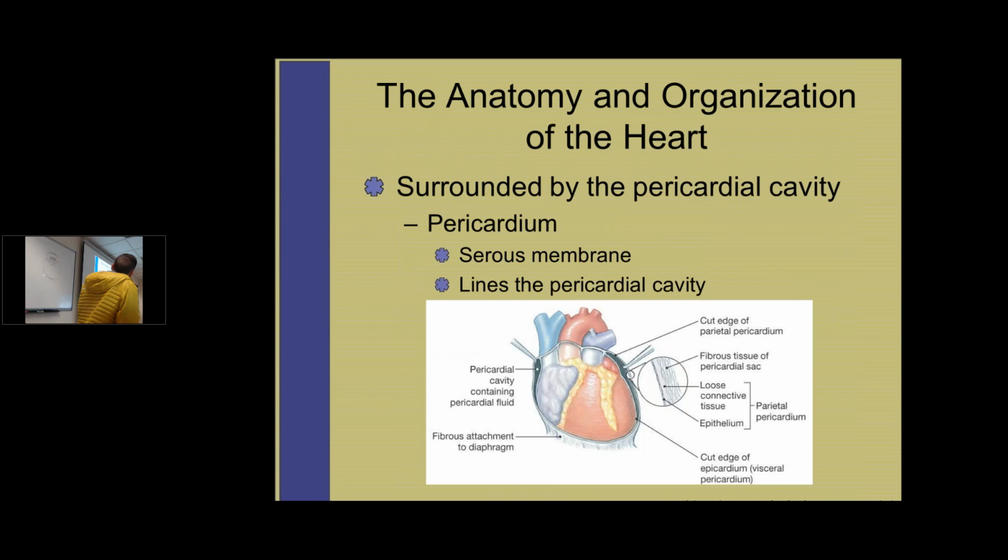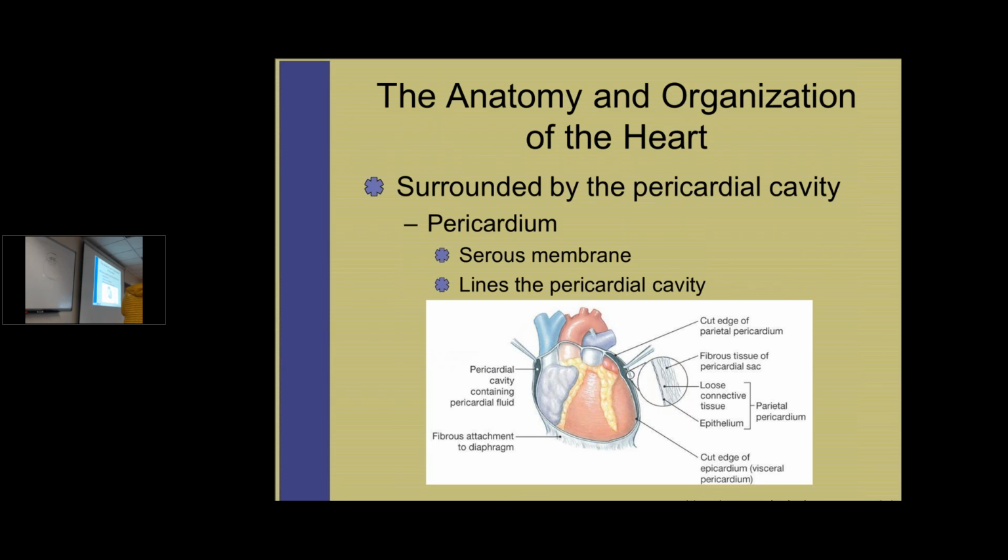Let's see. So this is the pericardial cavity. This is where the pericardium is, and there's an outer layer of the pericardium and an inner layer, right? So the inner layer is right on top of the heart. That's called the visceral pericardium.